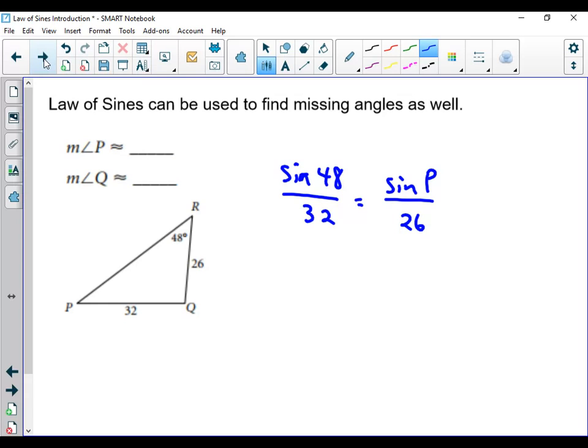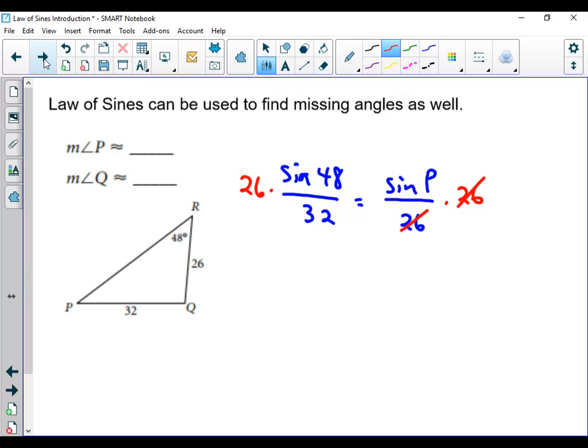Now this is going to be a little bit different because I really don't want to go to cross multiplying on this. Because my goal, remember, is to figure out what the sine of P is, or what the angle measure for P is. So I'm going to try to get sine of P by itself. So I'm going to do that by getting rid of this fraction over here. So I'm going to multiply both sides by 26.